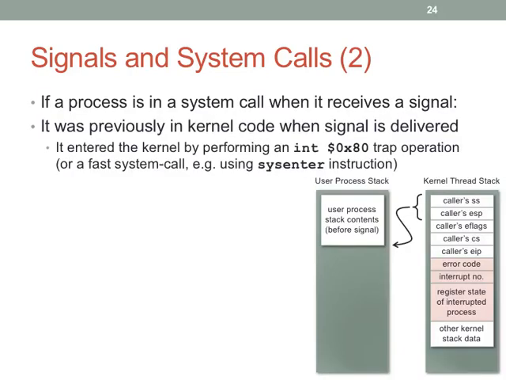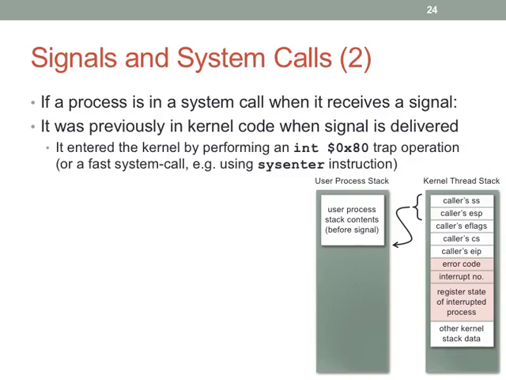So if we're in a system call, the interesting thing is that we're already inside the kernel, because the kernel is doing something on behalf of the process. It's a syscall, right? Inside here, you're going to see that the interrupt is set to something. Think about what that doSignal call does inside the kernel.